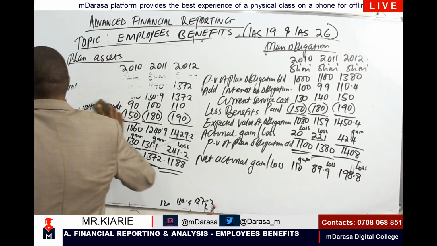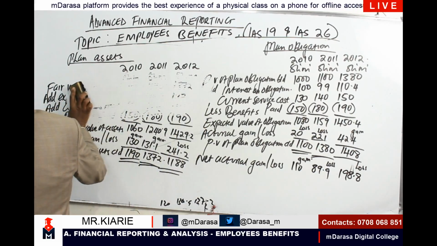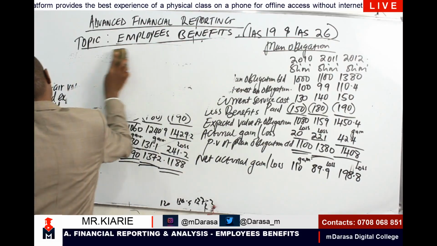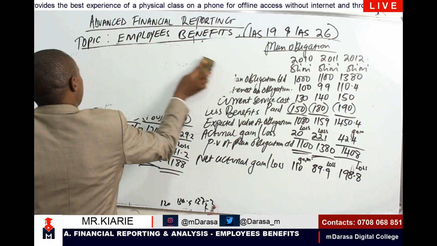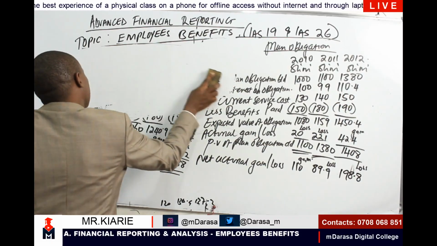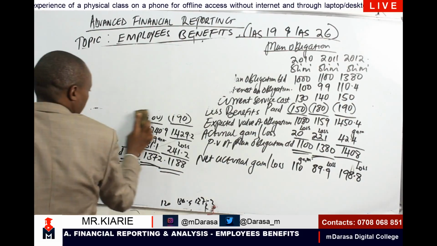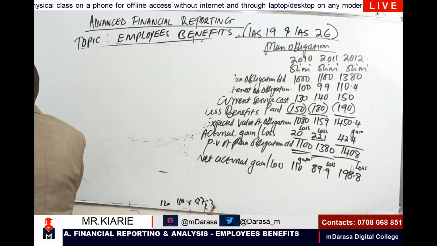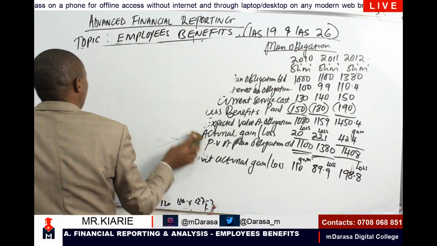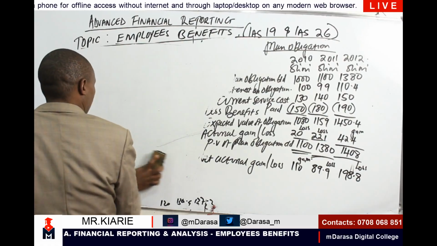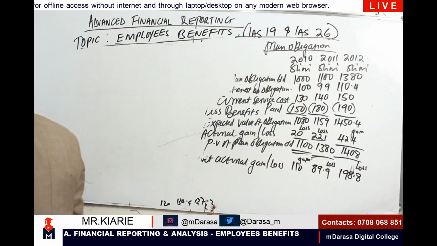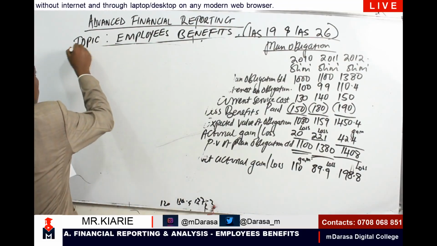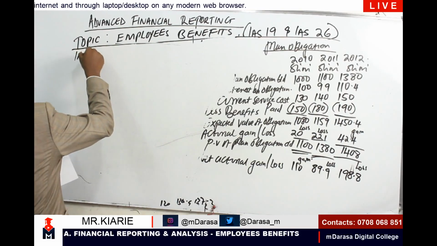You write the company name, Limited, income statement extract for the year ended 30th April 2010, 2011, and 2012.